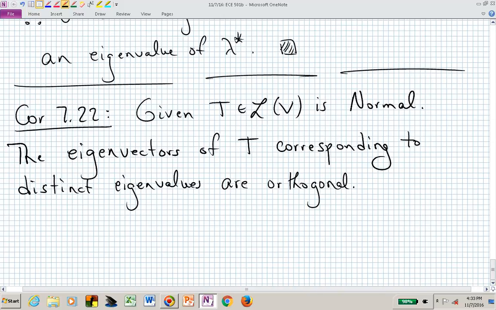So an operator being normal gives us some pretty nice properties relative to eigenvalues and eigenvectors.